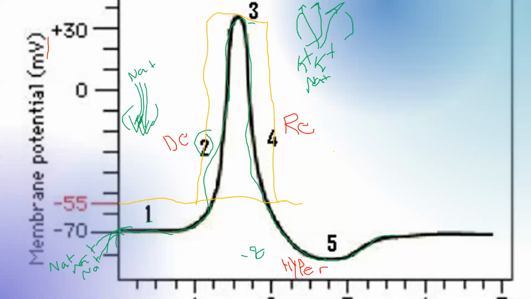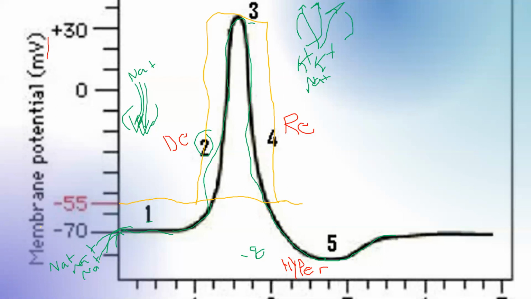What this means is, if the neuron is at this moment in time, it absolutely cannot fire again because it's already fired. When you shoot a gun, you pull the trigger back, the hammer hits the primer, ignites the gunpowder, and the bullet leaves. You can't shoot another bullet until the bullet leaves the chamber. This moment right here, the gun or the neuron is still technically firing, so you can't fire again. You have to wait. As soon as you pass this orange line, you enter the relative period.